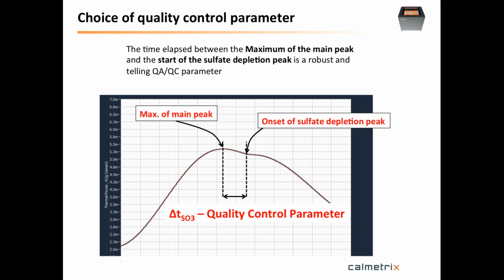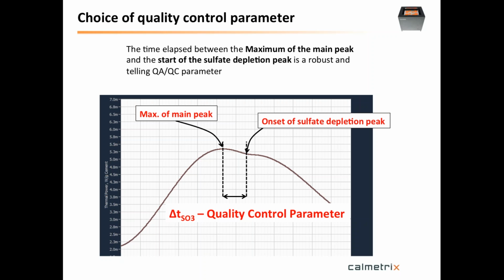Right? So for example, if a cement plant uses a new type of fuel, you will see a difference in there. If you have variations in your raw material, you will see a difference in there. And so if you look at this difference in time, you can use this as your quality control parameter.